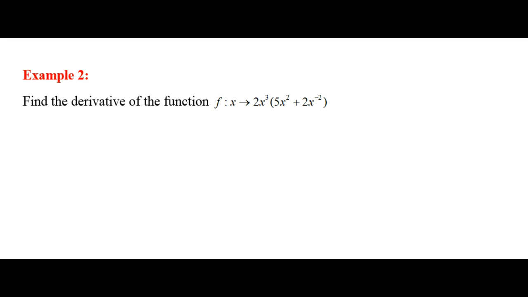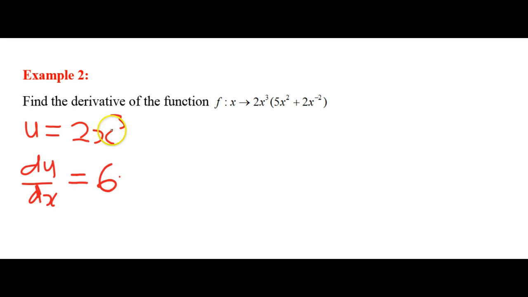Example 2. You can pause the video and give your hand a try. Here, if you let u be equal to 2x to the power 3, then du dx will be equal to 6x. Right.